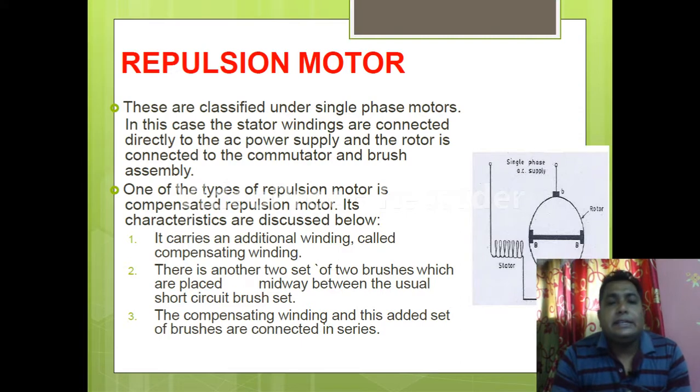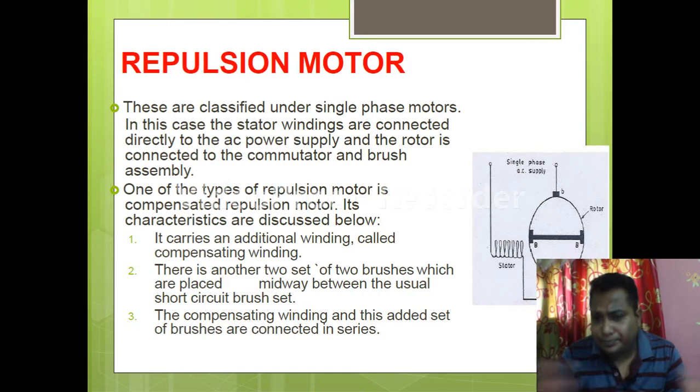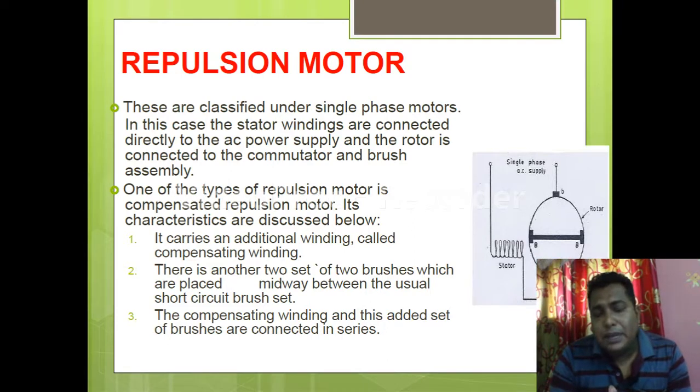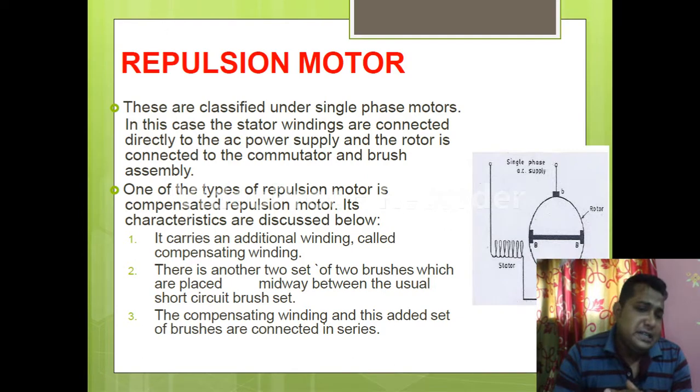Its characteristics are discussed below. It carries an additional winding called the compensated winding, which is used to reduce the armature effects.